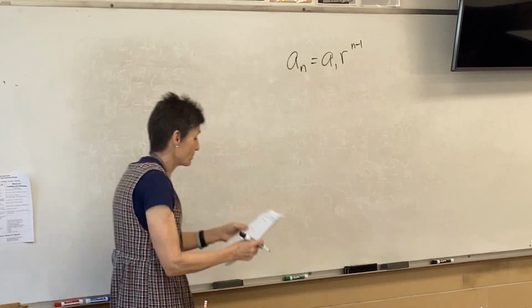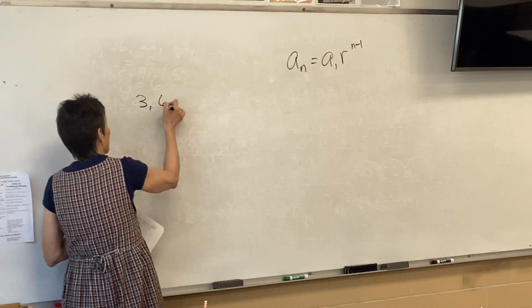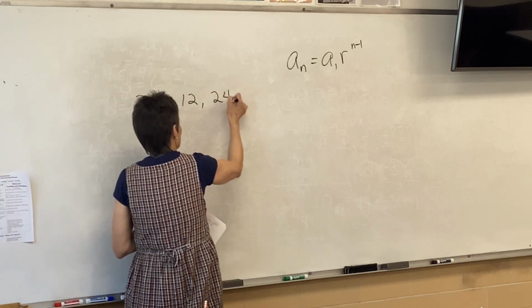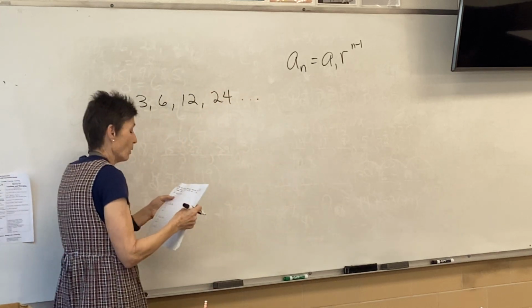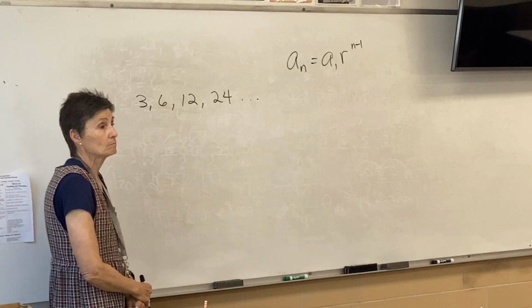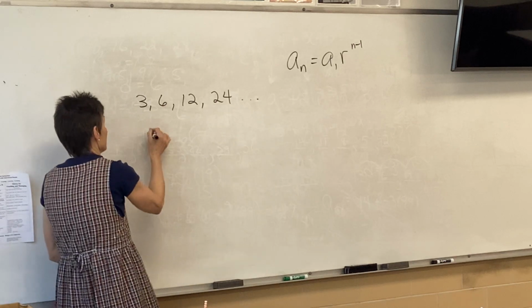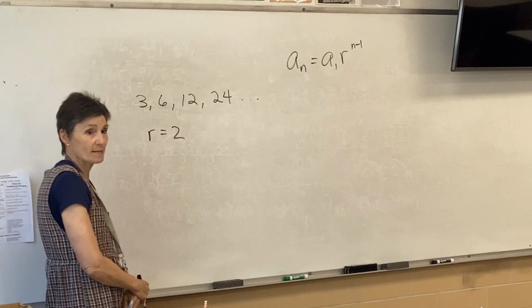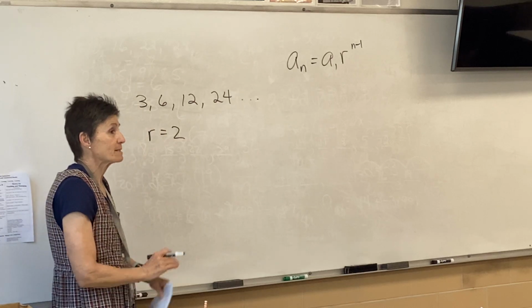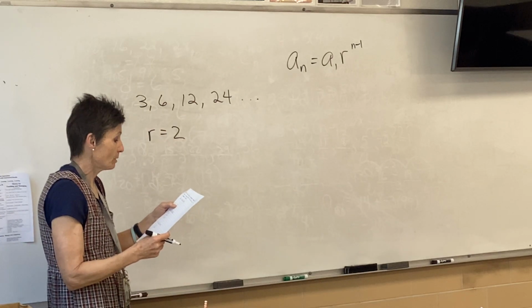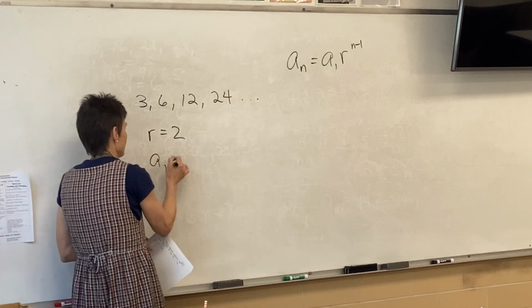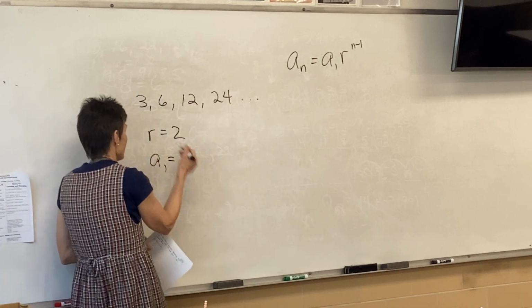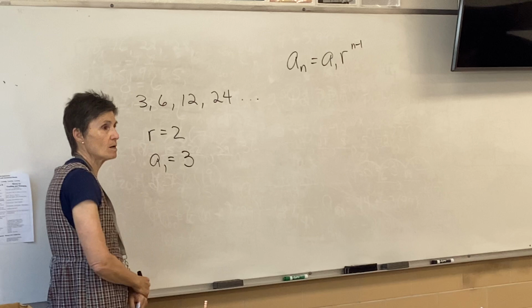All right, so 3, 6, 12, 24. Directions say, what's the ratio? 2. Aren't we timesing by 2, guys? Yep, can't miss on that one. That's the ratio. What's a sub 1? 3. What does a sub 1 stand for?